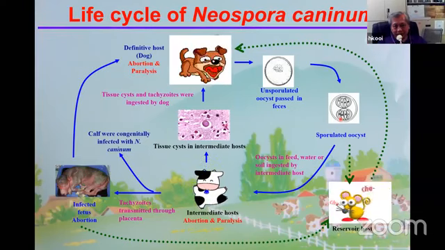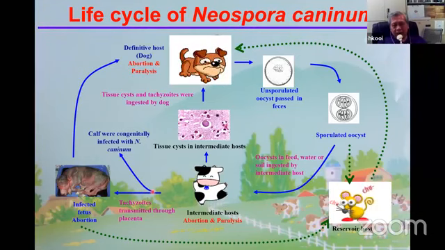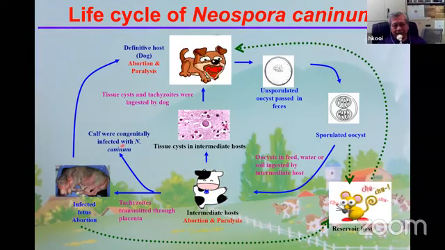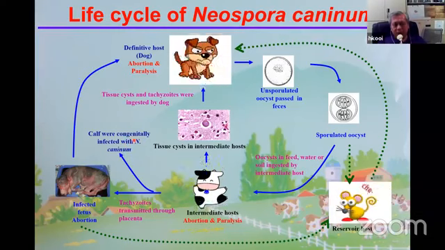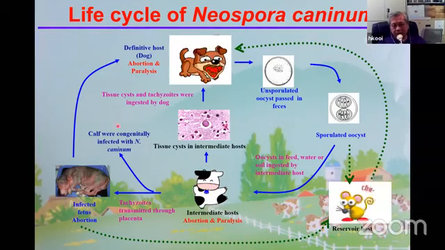So it goes like this. And then if there is no abortion, then the calf is congenitally infected with Neospora. So that's how they transmit the Neospora to the offspring, to the fetus in the next generation. So this is the rat.